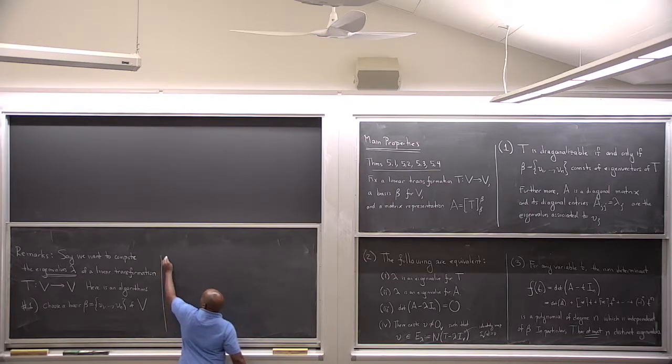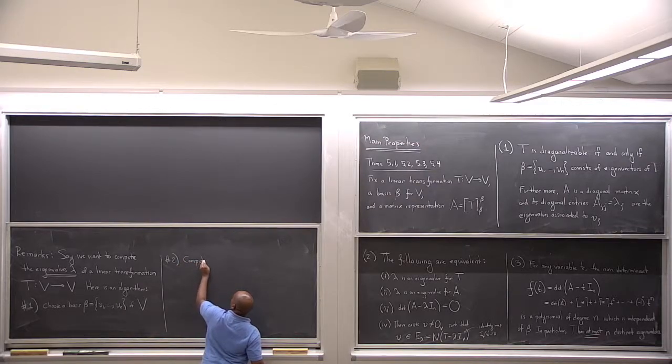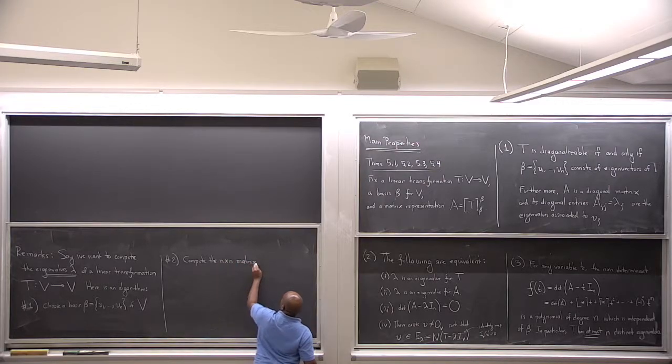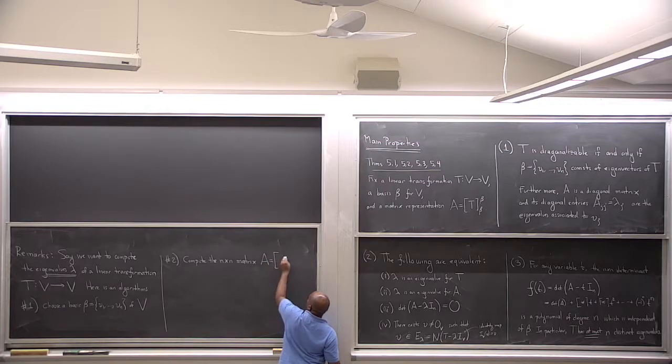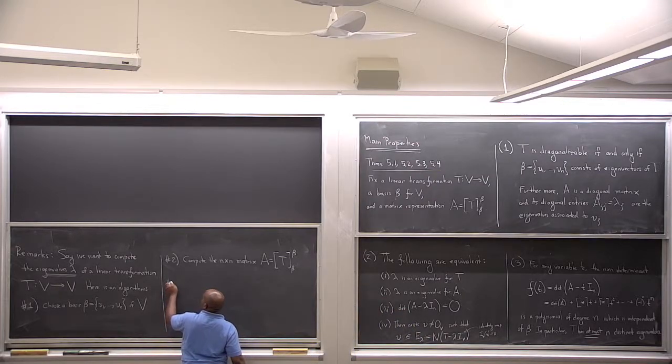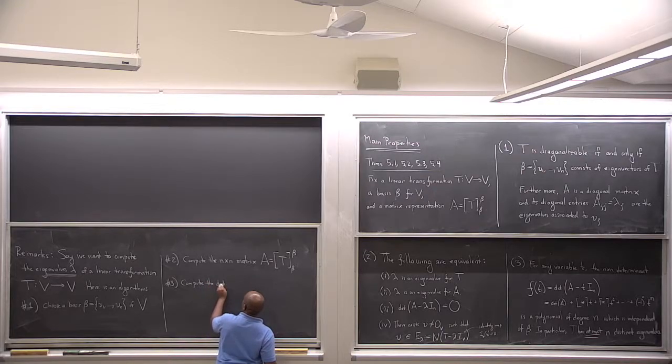Number two, let's compute this matrix A. Right, remember, this is just the matrix representation. Number three, compute this determinant, this f of t.